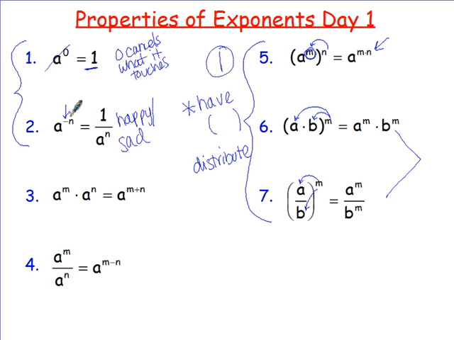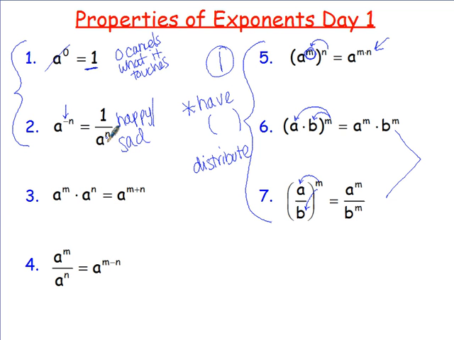So here's how this rule works. To make your exponent happy, all you do is take the entire thing and move it to the bottom of the fraction. And when you put it in the bottom of the fraction, the negative changes to a positive. Okay, so if you have any sad exponents, they are negatives, they are sad, we move them. And when we move them down, they become happy.